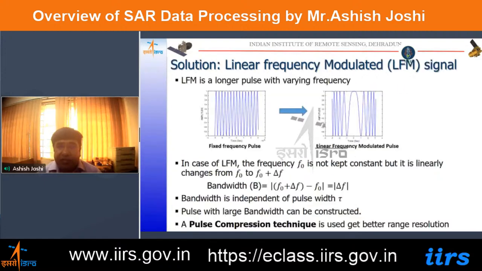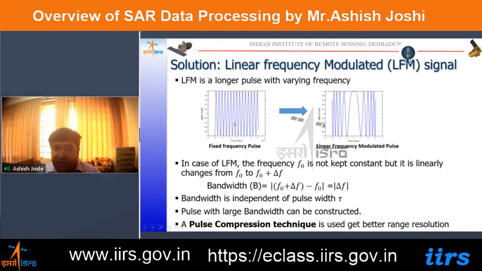The solution is the linear frequency modulated, or LFM, signal. What is that? A normal pulse has a fixed frequency. This is the normal electromagnetic wave. But LFM is a longer pulse with varying frequency.